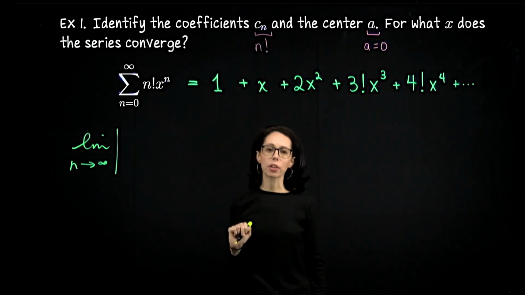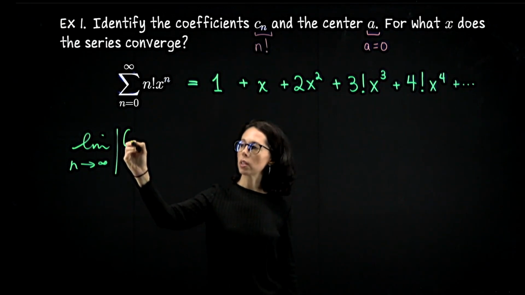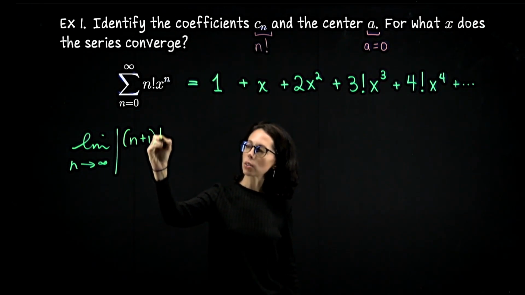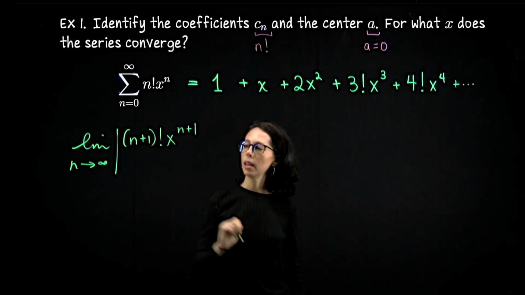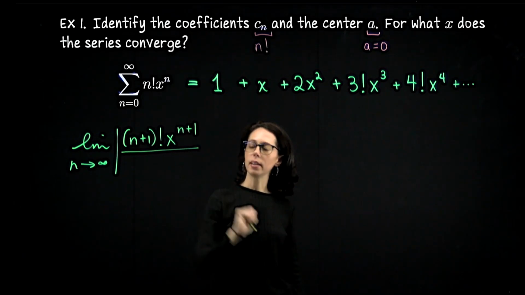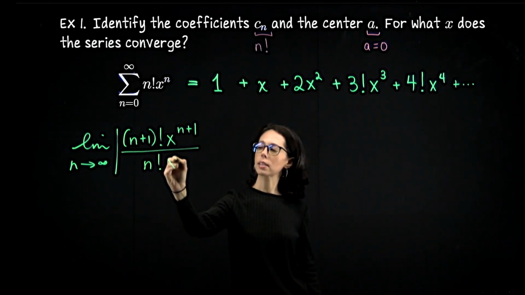So what that's going to look like for this power series is the n plus 1th term is going to look like n plus 1 factorial x to the n plus 1. Divide that by the form of the nth term, which is n factorial x to the n.